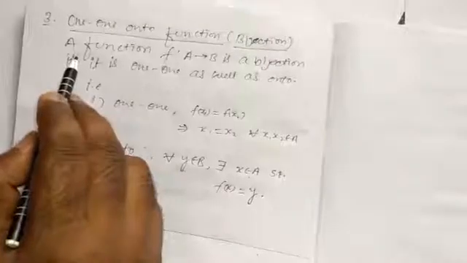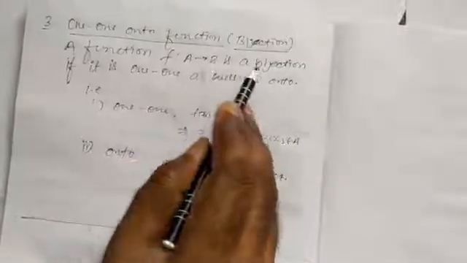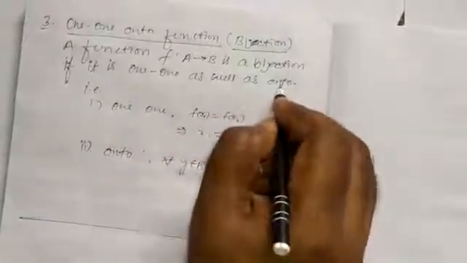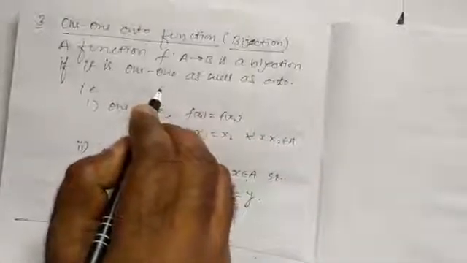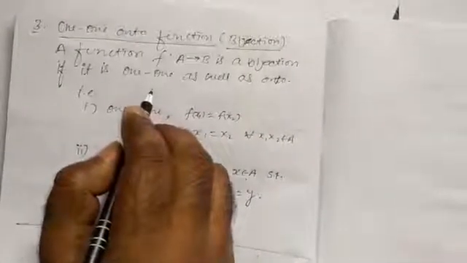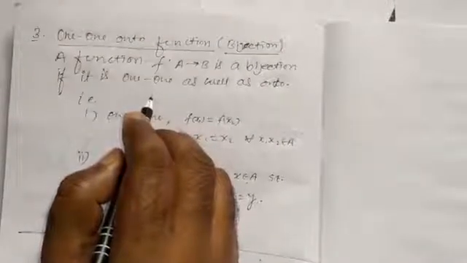What is the definition of a bijection? A function f maps from A to B is a bijection if it is one-one as well as onto. If a function is one-one and onto, then it is called a one-one onto function, that is, a bijection.